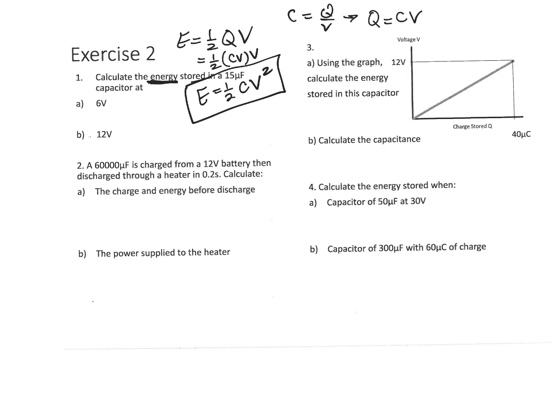So can we find the energy stored in a 15 microfarad capacitor at 6 volts? E is going to be equal to 1/2 what? 15 times what? 10 to the -6 times 6 squared. What would the units be if it's energy stored? What are the units for energy?